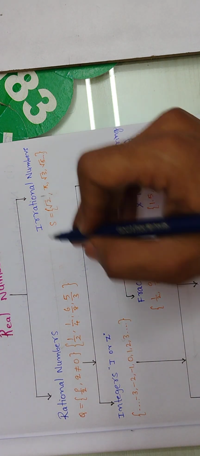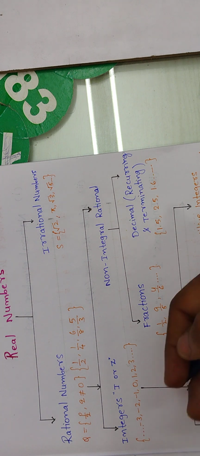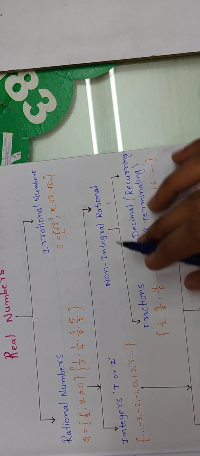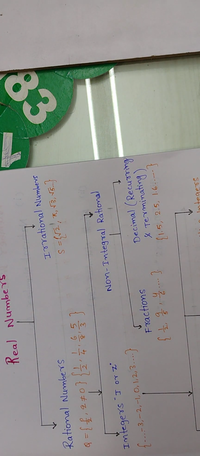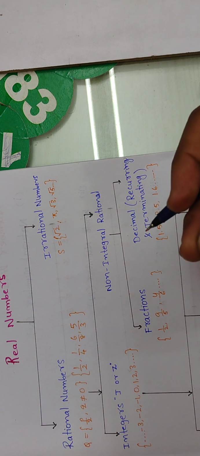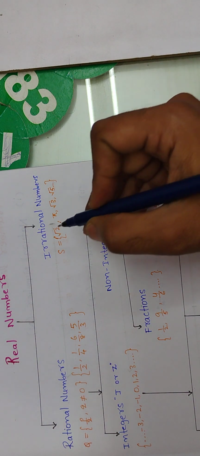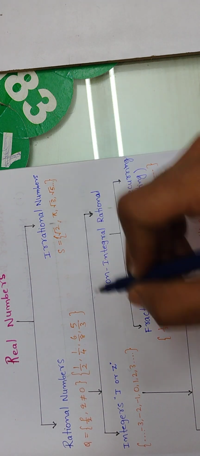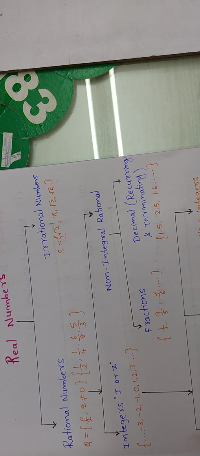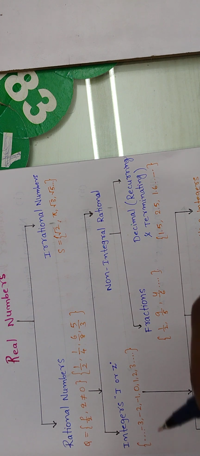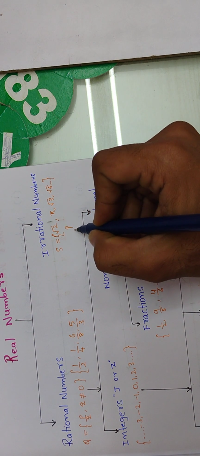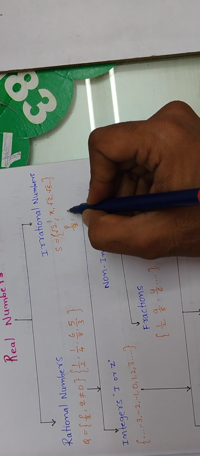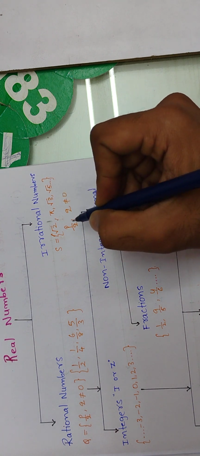Irrational numbers: we have seen that any number under root, where the natural number is not a perfect square, is an irrational number, meaning a number which cannot be written in the P by Q form, with Q not equal to 0.